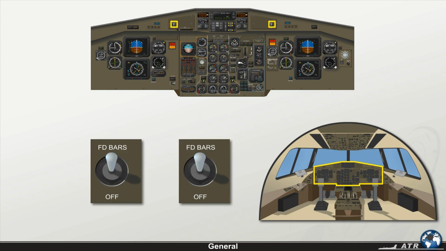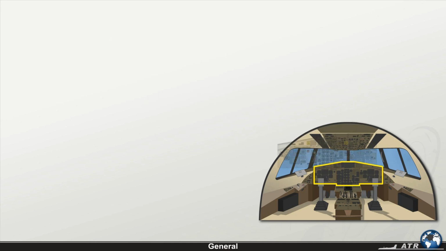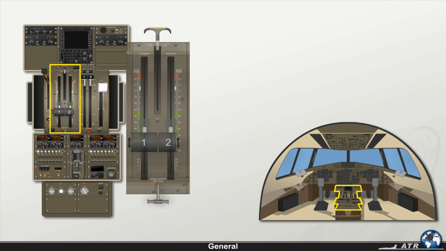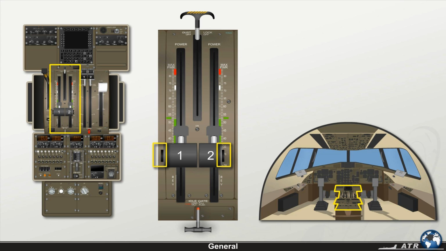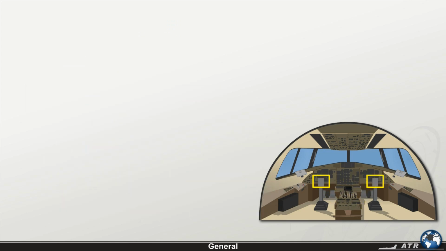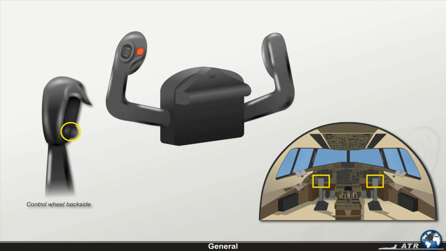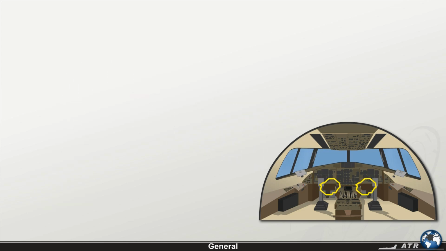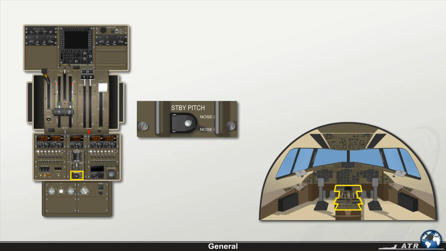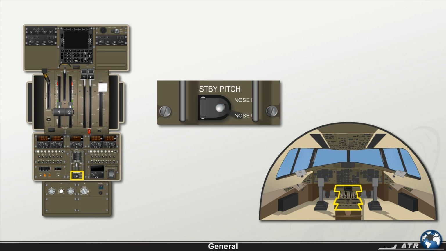2 flight director bars switches. Two go-around push buttons located on the engine power levers. 2 autopilot quick disconnect push buttons, 1 on each control wheel. 2 normal pitch trim rocker switches, 1 on each control wheel. 2 touch control steering, TCS, push buttons, 1 on each control wheel. 1 standby pitch trim switch on the center pedestal.